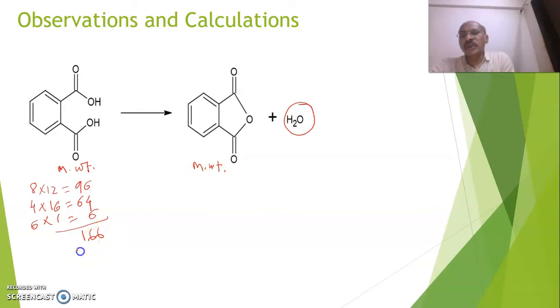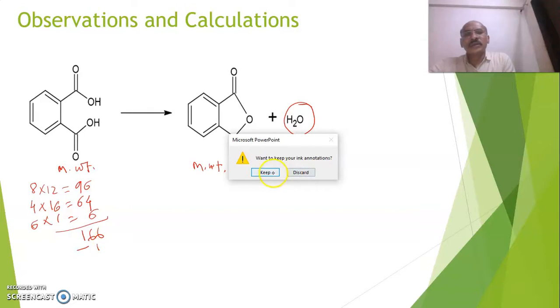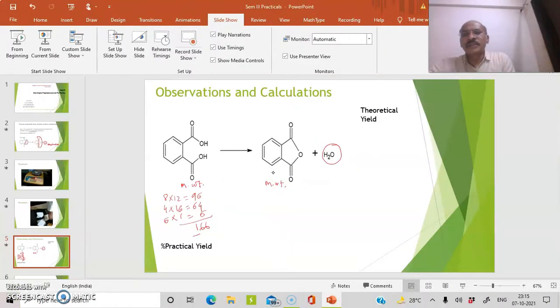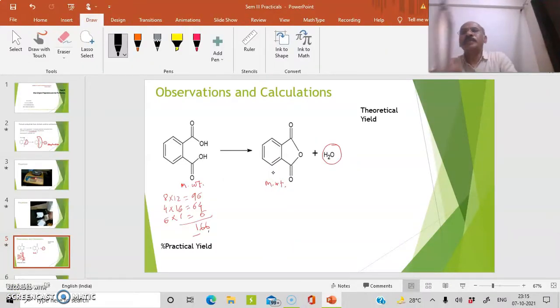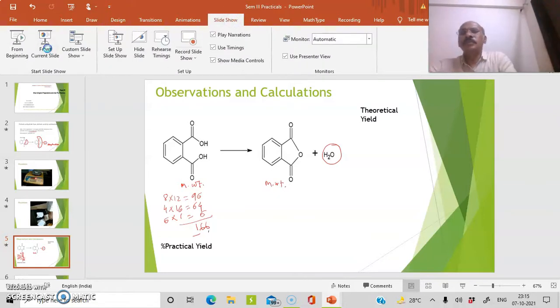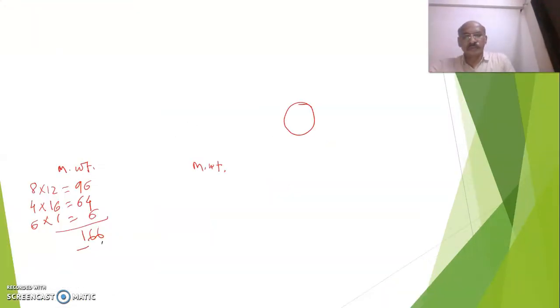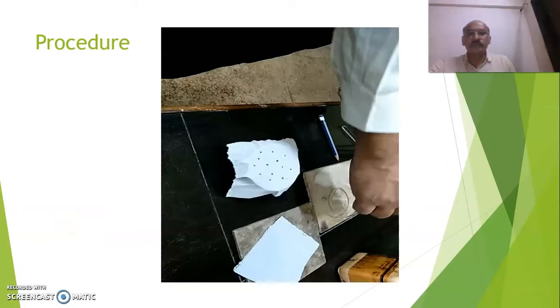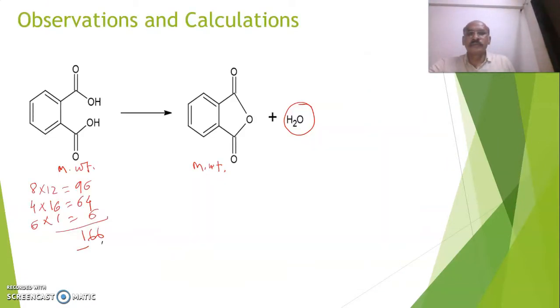So the molecular weight we can calculate easily just by subtracting 18, the molecular weight of water, from this number, and we will have 148. So the molecular weight of the product is 148.